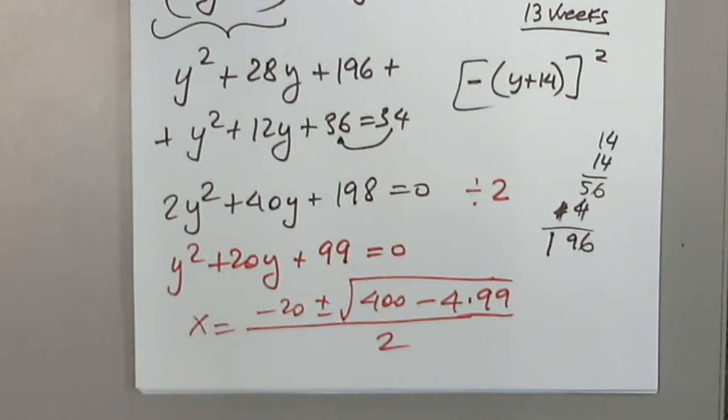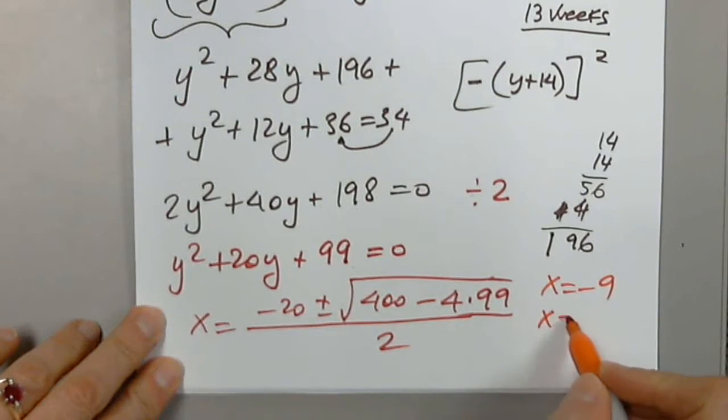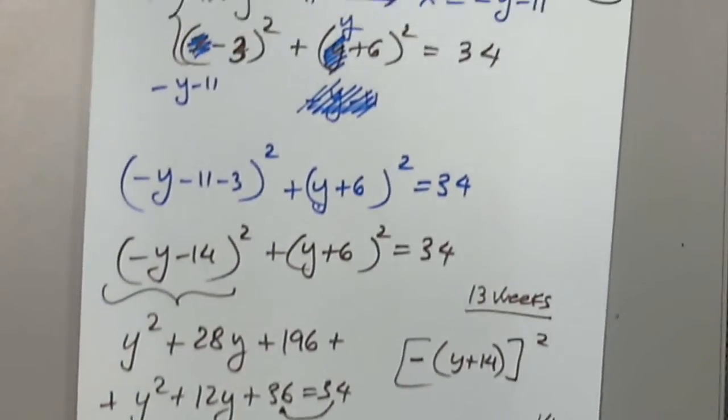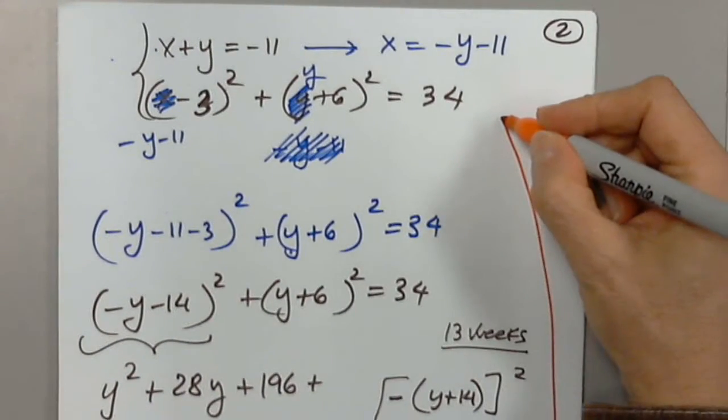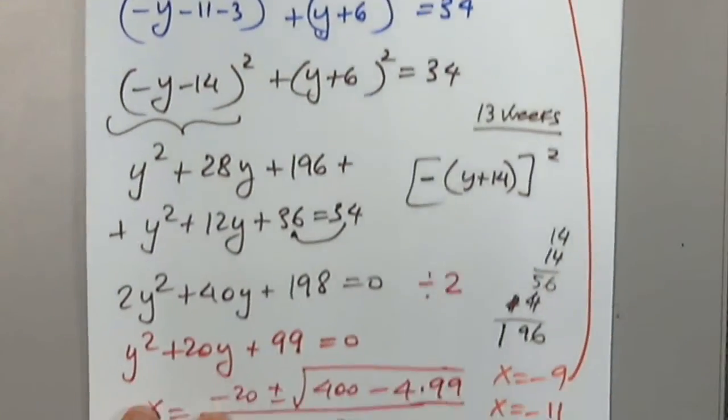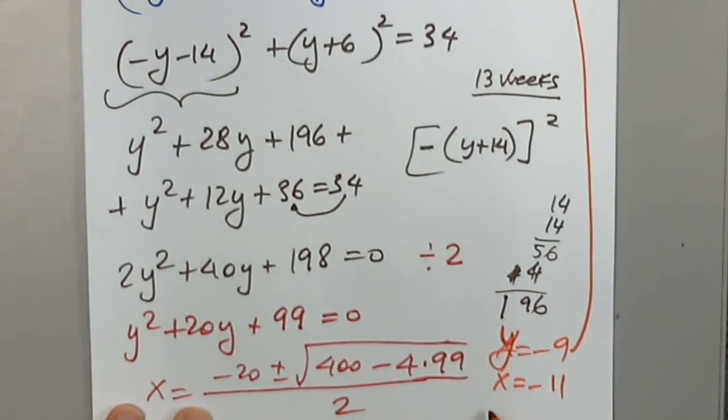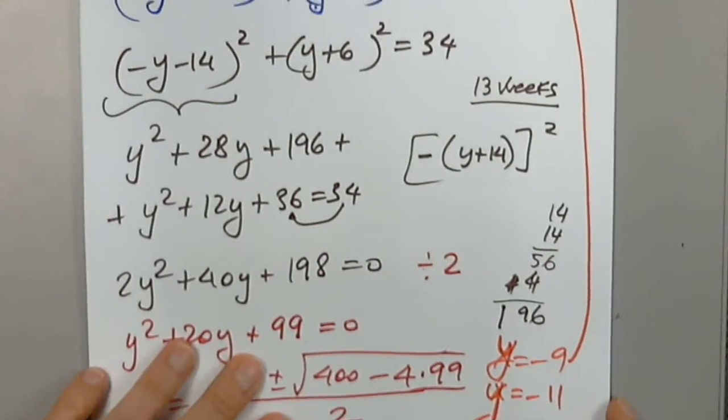If you have any difficulties with factoring, do just this. So -9 and -11. So I got that y equals -9 and y equals -11. Now I do have to go back. Keep an eye on what I'm writing and what I'm doing, please.